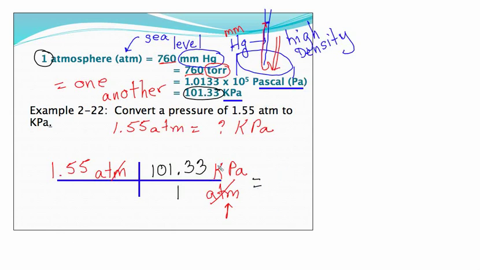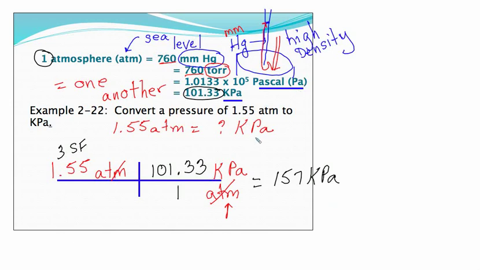If I do that math, I need to do it to 3 sig figs, because my original has 3 sig figs, and we assume conversions are exact, so we're not going to go by their sig figs. We're going to get 157 kilopascals.